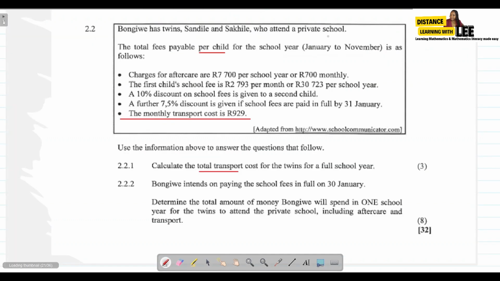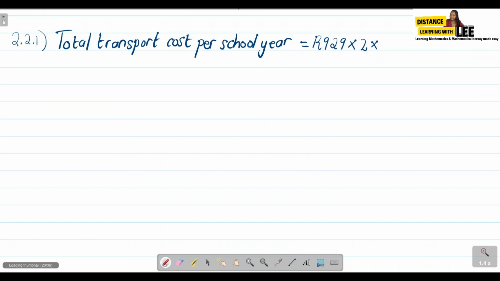Here we are told that the school year runs from January to November. If she pays transport for January, February, March, April, all the way up to November, how many months do we have in a school year? We can see that we've got 11 months, meaning that Mrs. Bongiwe pays transport for her twins for 11 months.